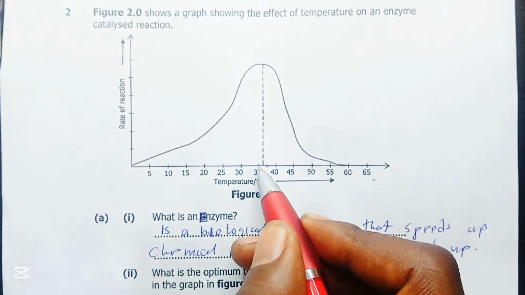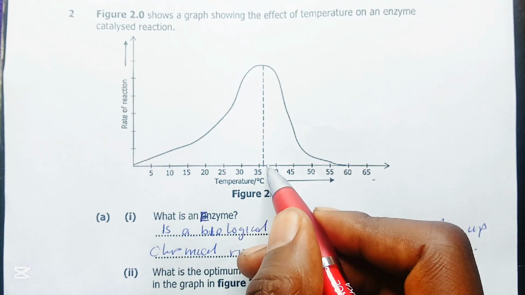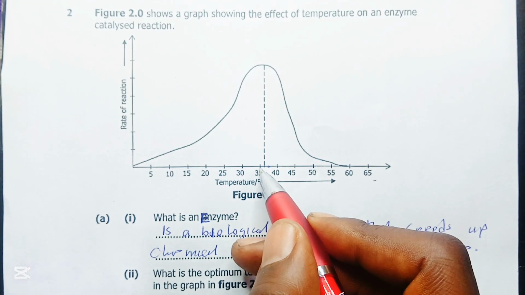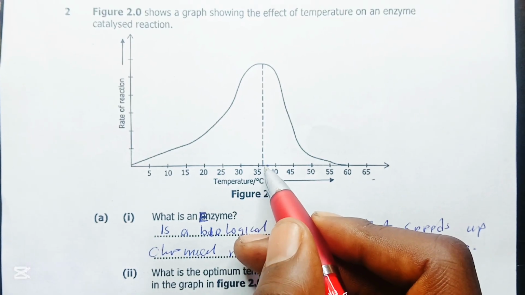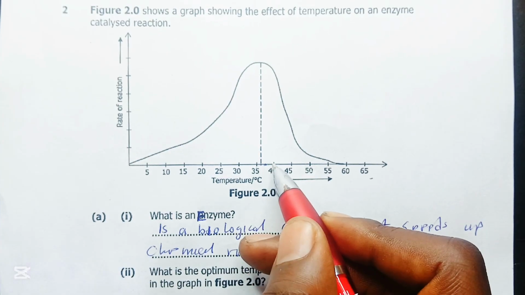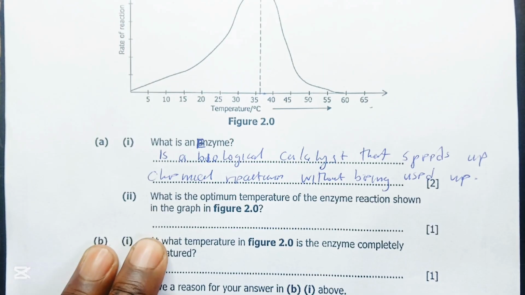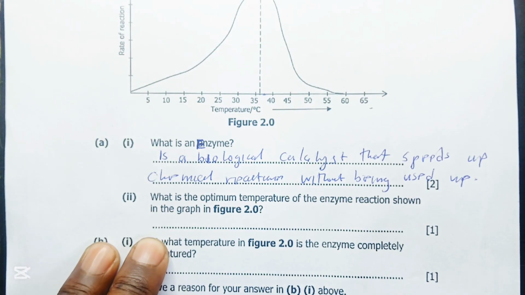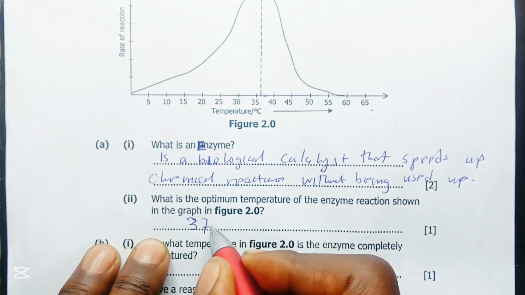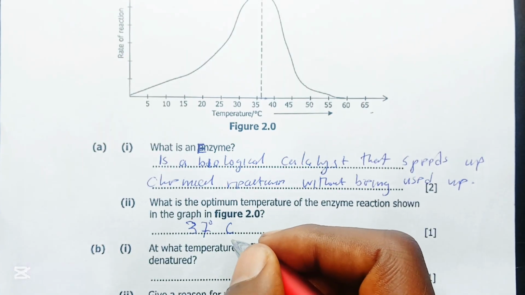If we say the middle is 37, it won't make sense. In the exam, you can even say 36 or 37. So the answer here, we're going to write 37 degrees Celsius.